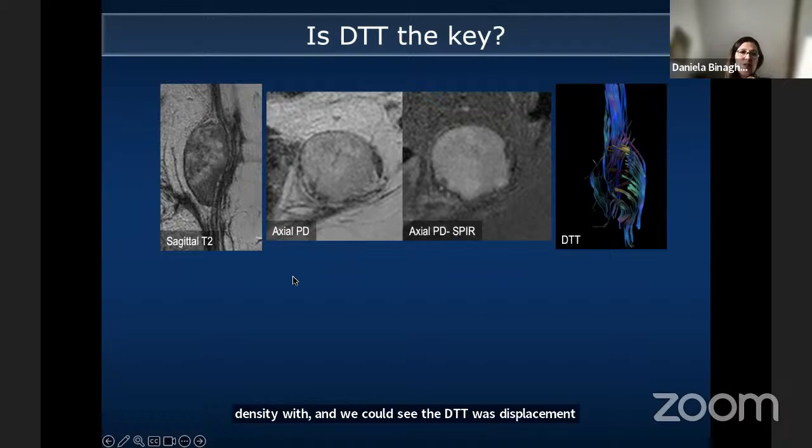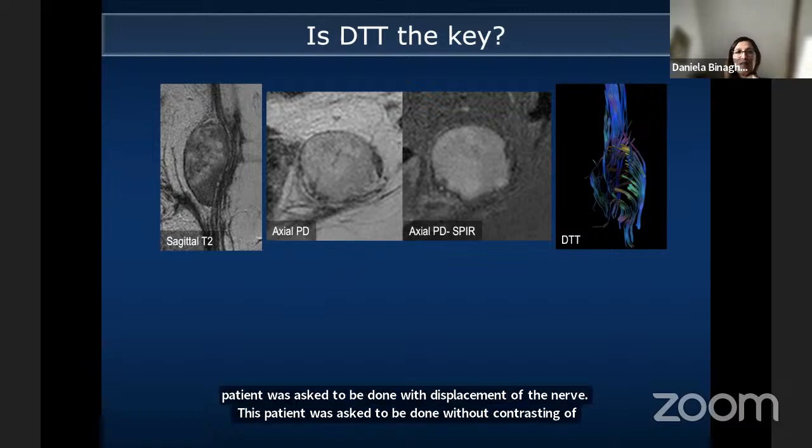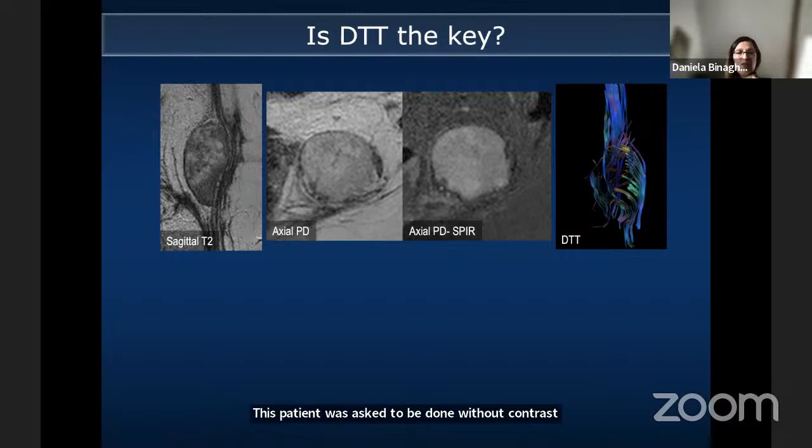This patient was asked to be done without contrast injection. I said, okay, we will not send the patient back for another prescription. Everything seems to be schwannoma, but the reality was intraneural myopericytoma. So DTT was not the key in this case.